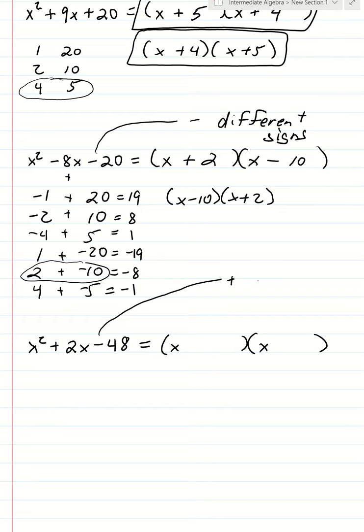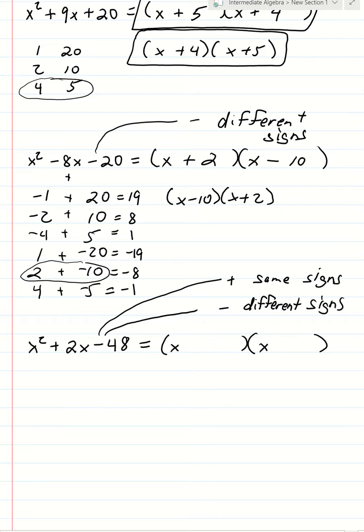If it's a plus sign, that means it's going to be the same signs. And if it's a minus sign, that means we're going to have different signs. Those are the things that you want to take a look at. Well, the fact that it's a minus 48, I know I need different signs. One will be plus, the other minus.